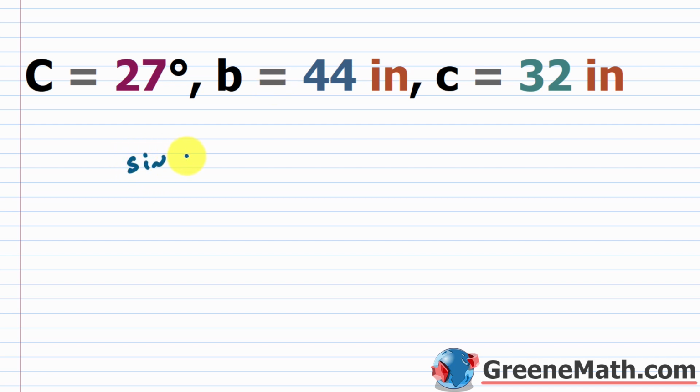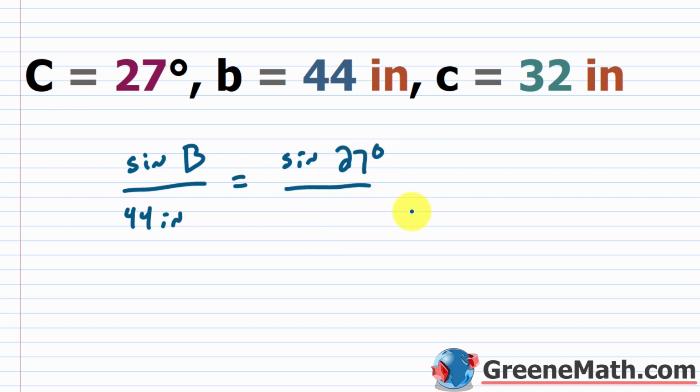We'll say the sine of our angle B over little b, the length of this side B, which is 44 inches, is equal to the sine of our angle C, which is 27 degrees, over the length for this side C, which is given as 32 inches.